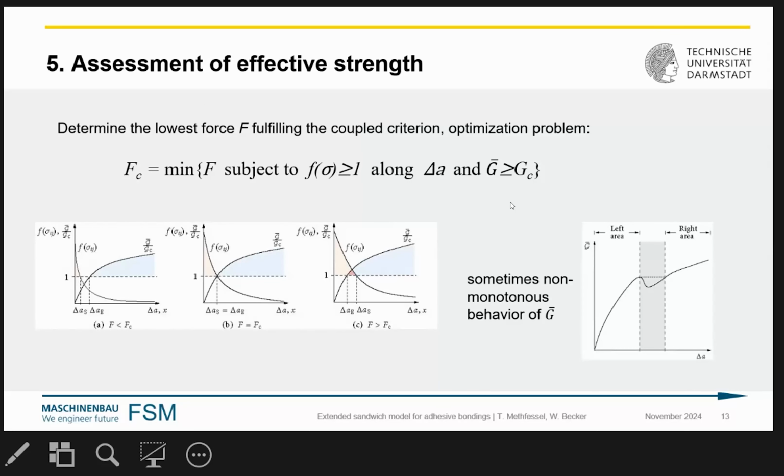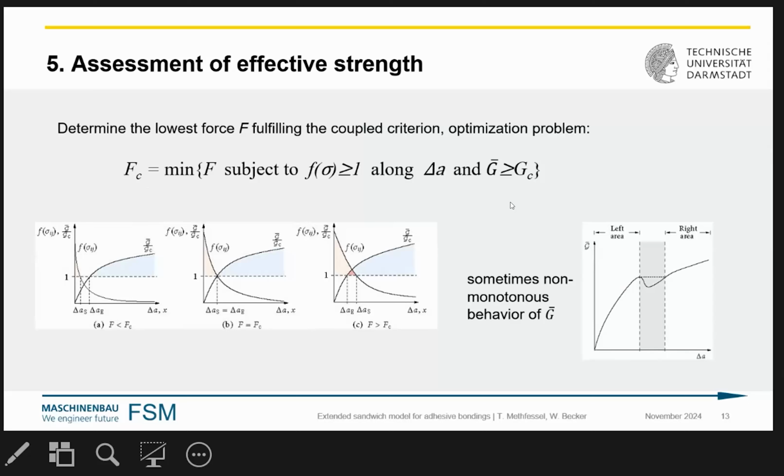Okay, if you want to determine the load when this happens for the first time, and that means you want to determine the effective strength, you have to look for the lowest force that fulfills both sub-criteria, and that means you have to solve a kind of minimization problem, which can be done by standard algorithms.